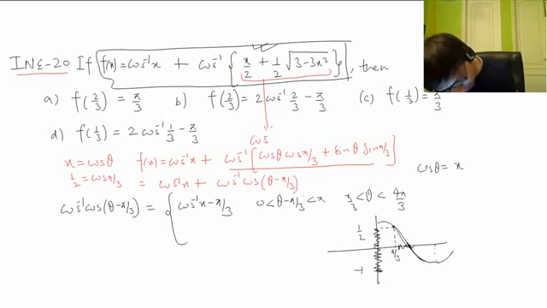If theta varies like this, then cos theta varies from minus 1 to half. So we mapped it from the graph. So this definition, cos inverse x minus pi by 3, is fine for x from minus 1 to half.